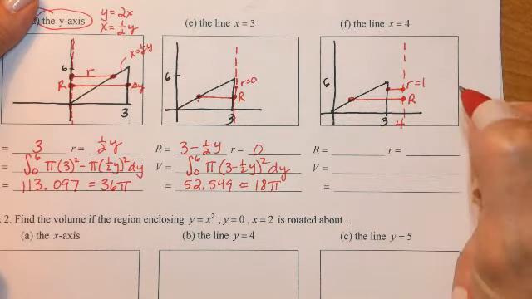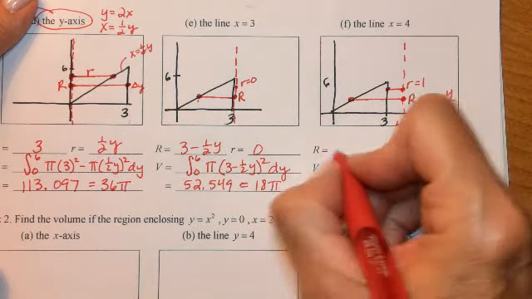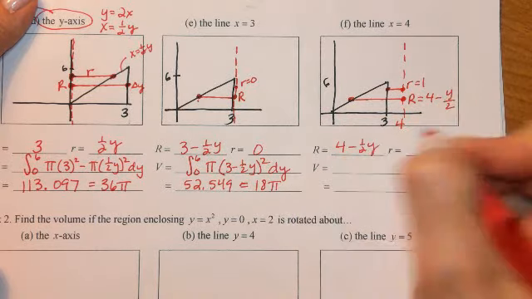Big R will be 4 minus y over 2, or 1/2 y. Okay, so the volume is the integral from 0 to 6 of pi times big R squared minus pi times little r squared dy. Into the calculator that goes, and we get 113.097, which is still 36 pi.